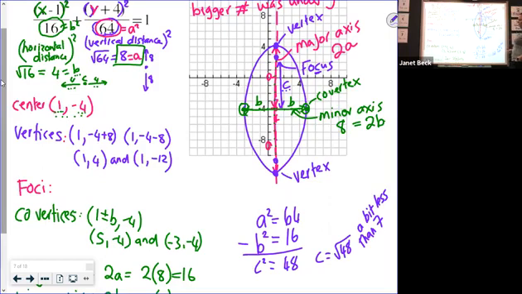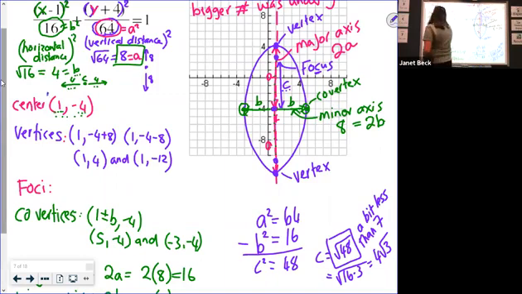But how would I actually work them out? From the center, I'm going up and down by this square root, which simplifies, by the way, to the square root of 16 times 3. 16 times 3 gives you 48. So it simplifies to square root of 16 is 4. 4 times the square root of 3. Ugh. And I'm going up and down by that amount.